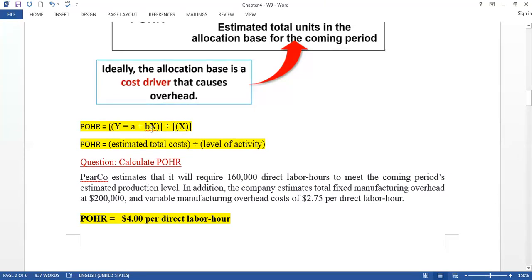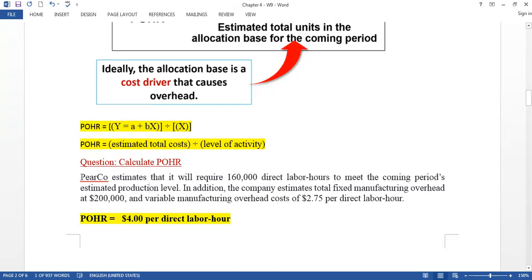Can you remember y equal a plus bx from our previous chapter? So first we calculate y equal a plus bx. After calculating this, if we divide it by our x, then we can easily get the rate.